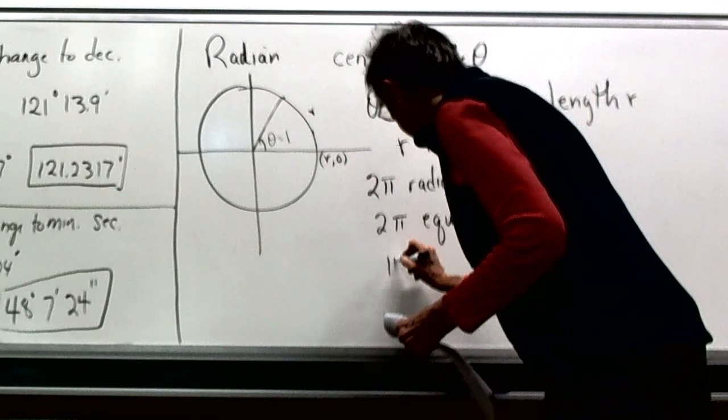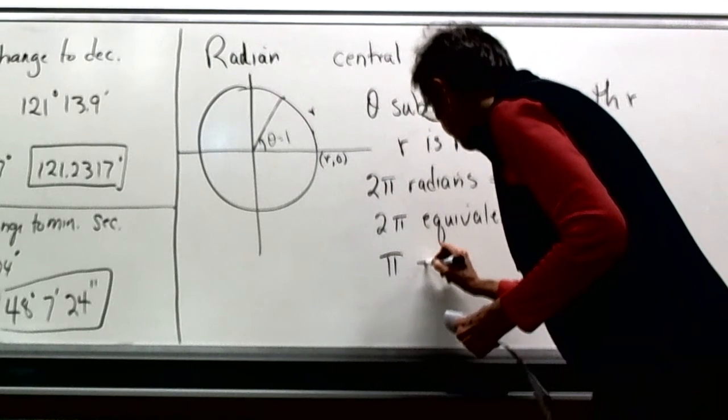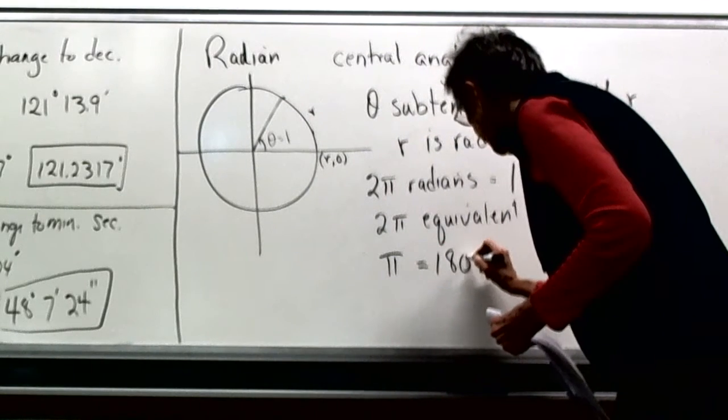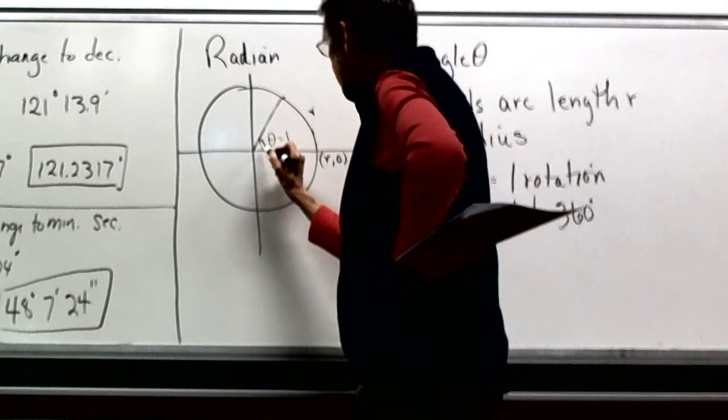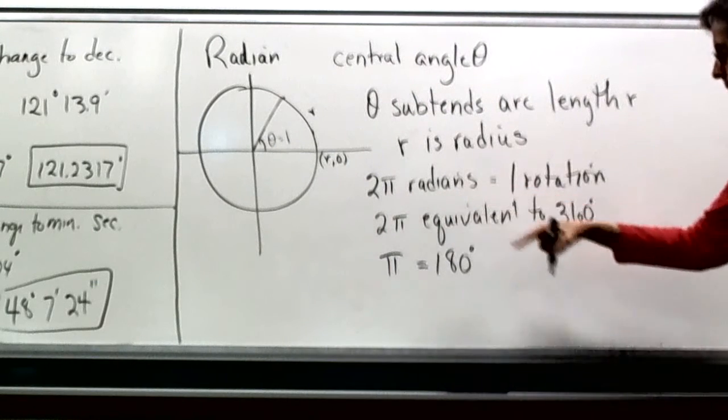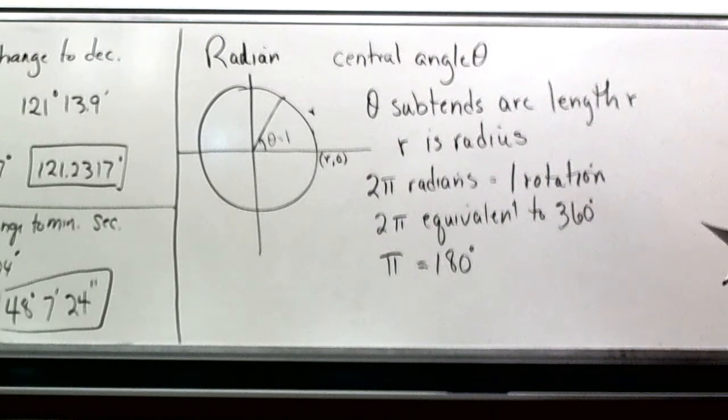And pi then is going to be equivalent to 180 degrees. Now 2 pi radians is going to be 1 rotation because if I go all the way around the circle, I will have 2 pi radians in the central angle.